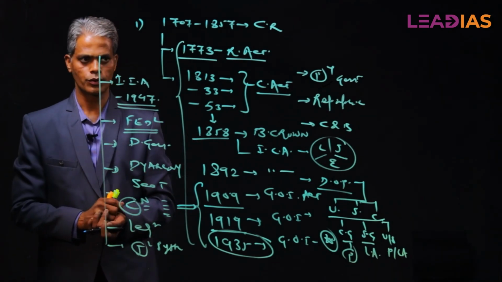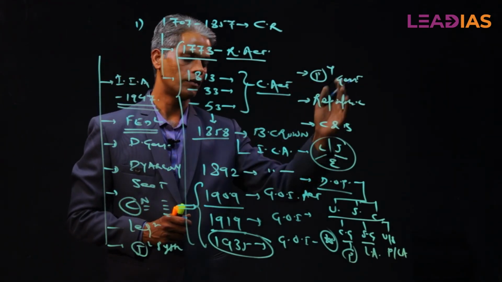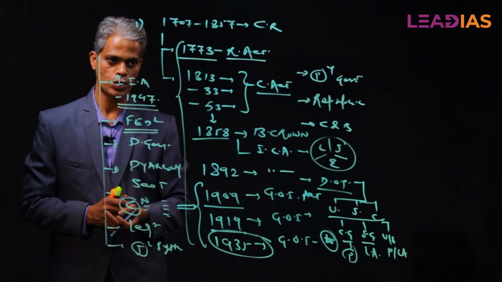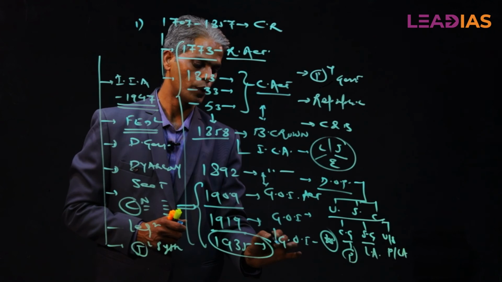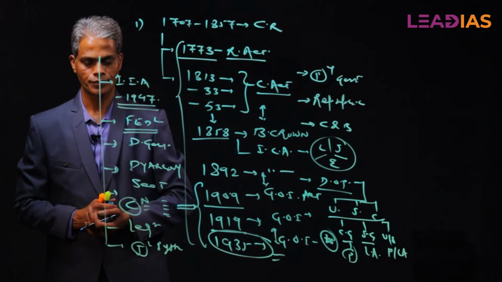We are going to talk about this part in more detail when we get into the document called the constitution. However, I expect you to be well versed or familiar with the history aspect.